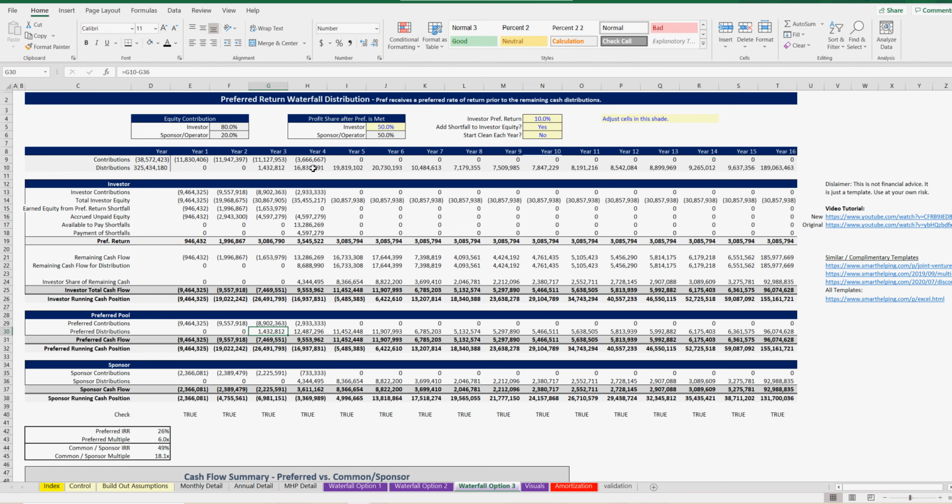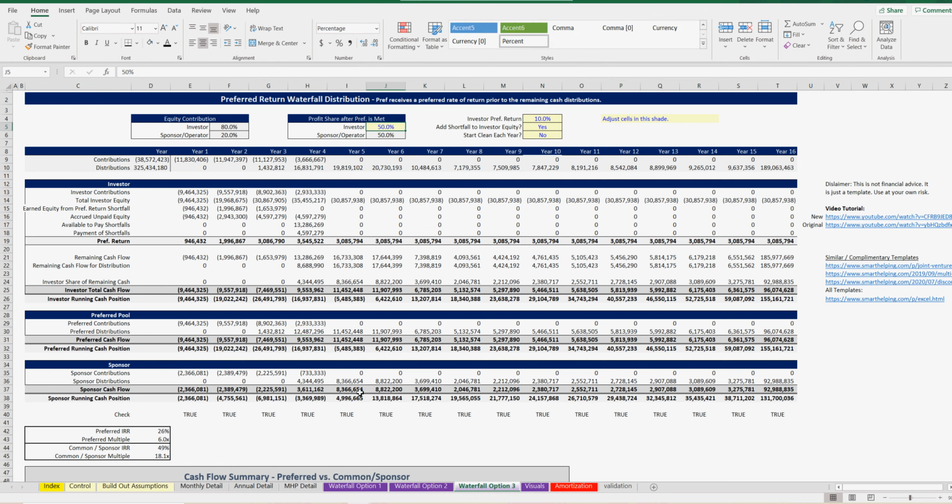Now in year 4, there's $16 million. There's been a refi, so there's some more cash available. Now they're getting the pref return that had accrued in all 3 years based on their equity contributed in this return right here. So they get all that back, plus any split available after that is returned as 50-50.